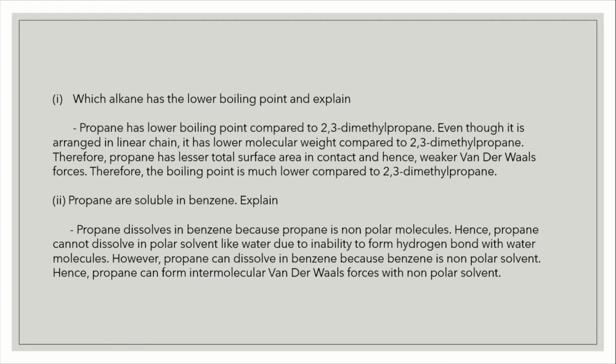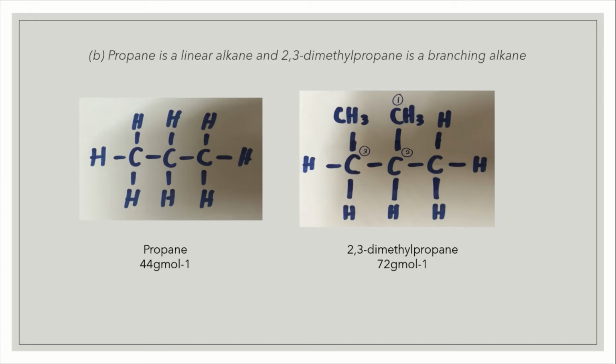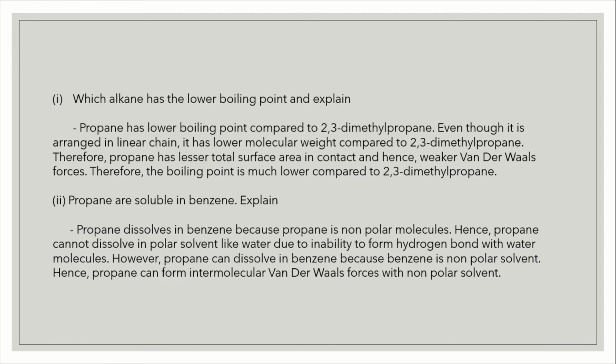Therefore, the boiling point is much lower compared to 2,3-dimethylpropane. You are also able to explain it vice versa, in which you state the factors that cause the 2,3-dimethylpropane to have a higher boiling point, and then you compare it with the propane, because the question is asking us which alkane from these given two has a lower boiling point.